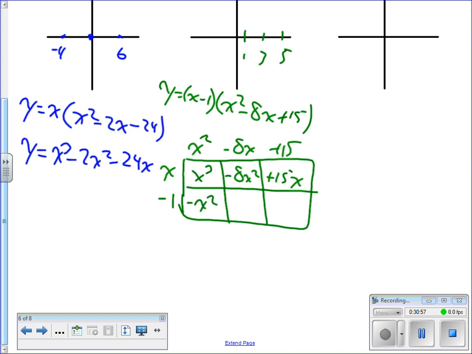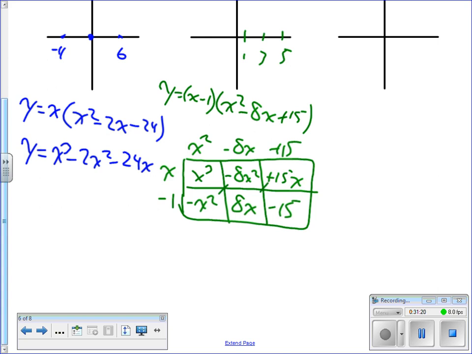Negative x squared, positive 8x, negative 15. That's why I picked x minus 1. The only binomial easier to multiply by than x minus 1 is x plus 1. Really. The only one that's easier. Or 0. No, that's not a binomial.